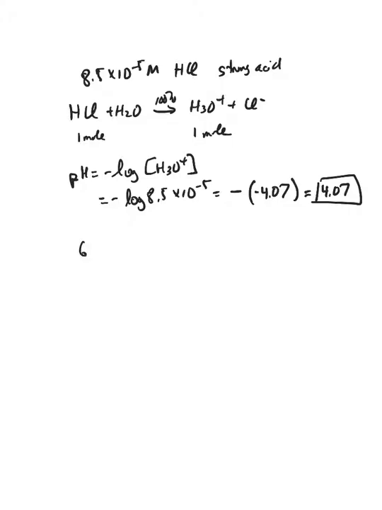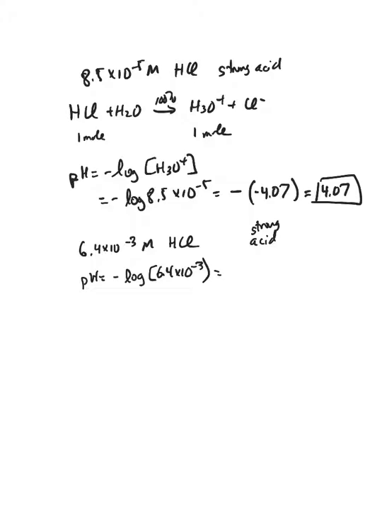Let's do a 6.4 times 10 to the minus 3 molar solution of HCl. Acid or base? Acid. Weak or strong? Strong. And so pH is going to equal minus the log of 6.4 times 10 to the minus 3.